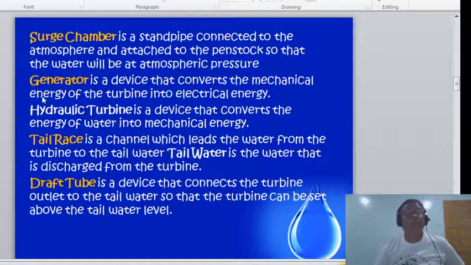We have the generator and the tail race, a channel which leads the water from the turbine to the tail water. Another is the draft tube, a device that connects the turbine outlet to the tail water so that the turbine can be set above the tail water level.